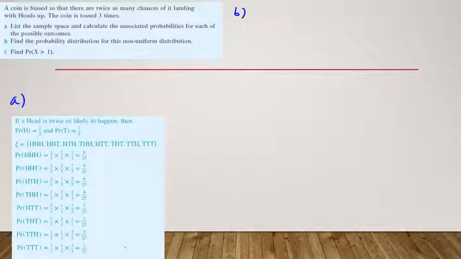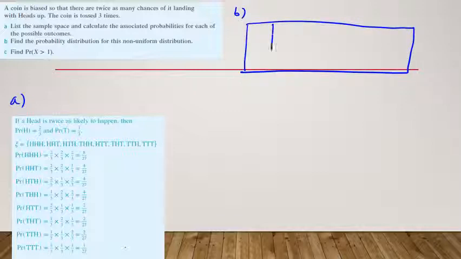Find the probability distribution for this non-uniform distribution. So we want to find the number of times we have heads. So then 0 heads, 1 head, 2 heads, and 3 heads.